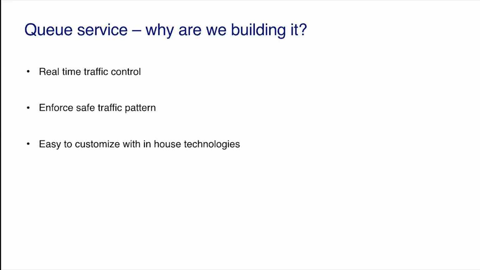First of all, we really want to have real-time traffic control. One of the biggest reasons, like I have previously mentioned, is that we want to be able to do dynamic failover and take control completely by ourselves. And it will be very easy if we can be the gateway for all the Kafka traffic.